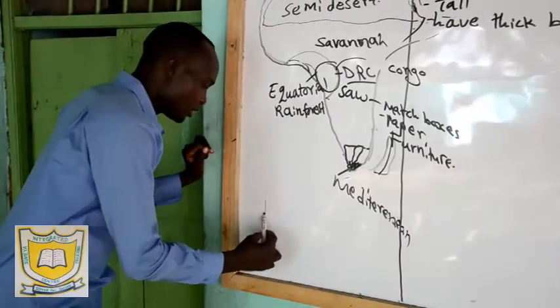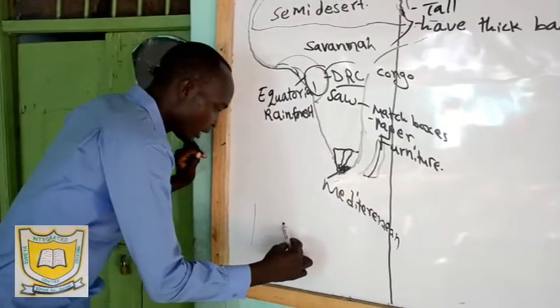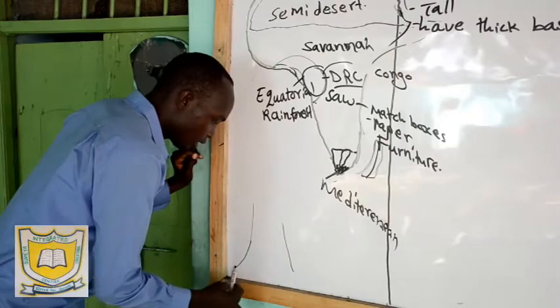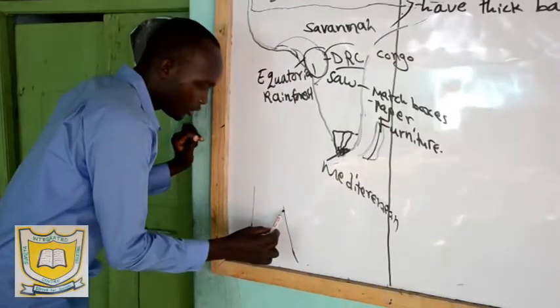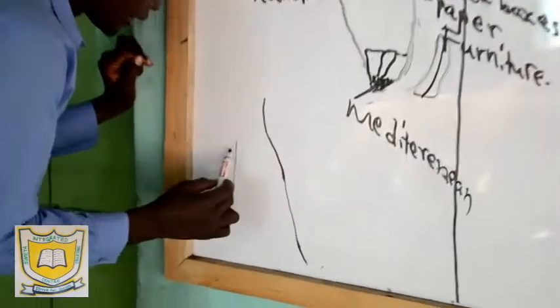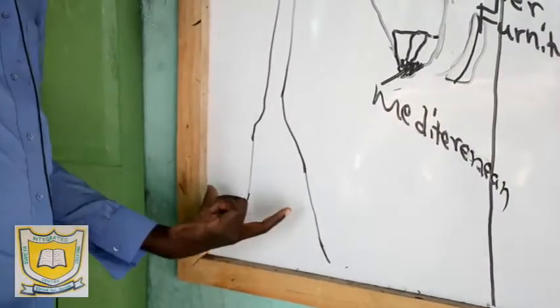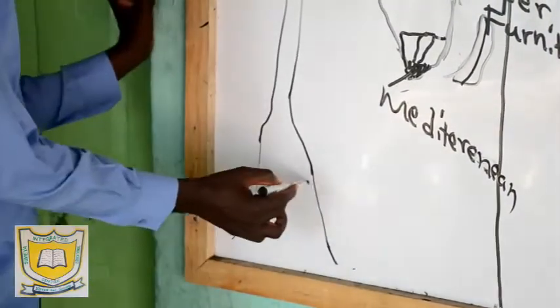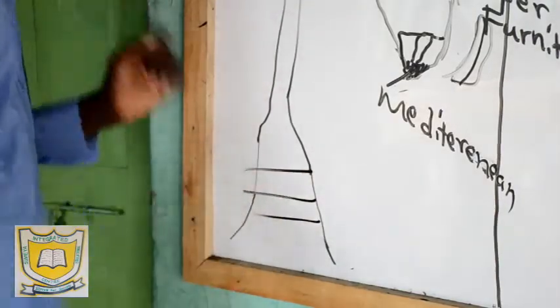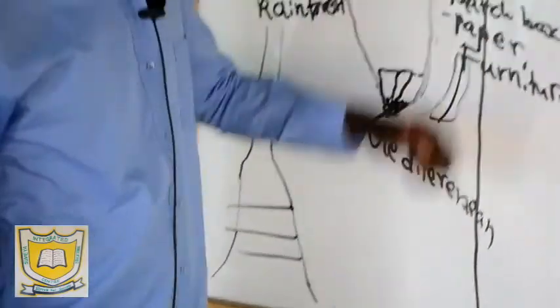The base is very thick. It is something like this. When it comes up, it becomes narrow like this. So these are the type of trees that have what you call a thick base. This base is very big. You'll find it in this forest.